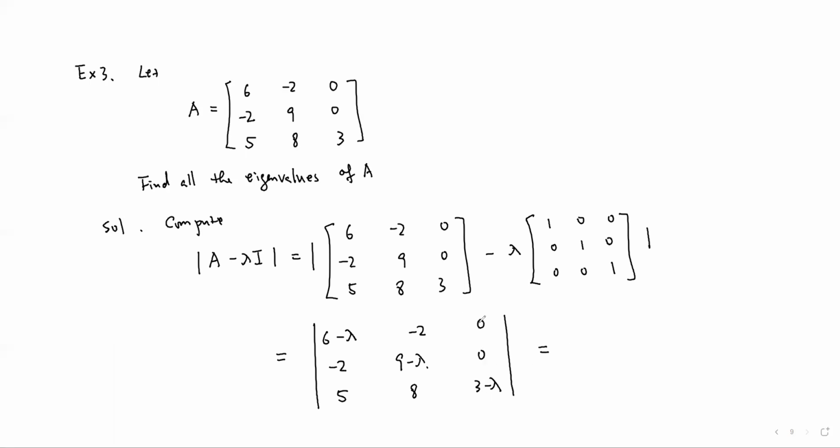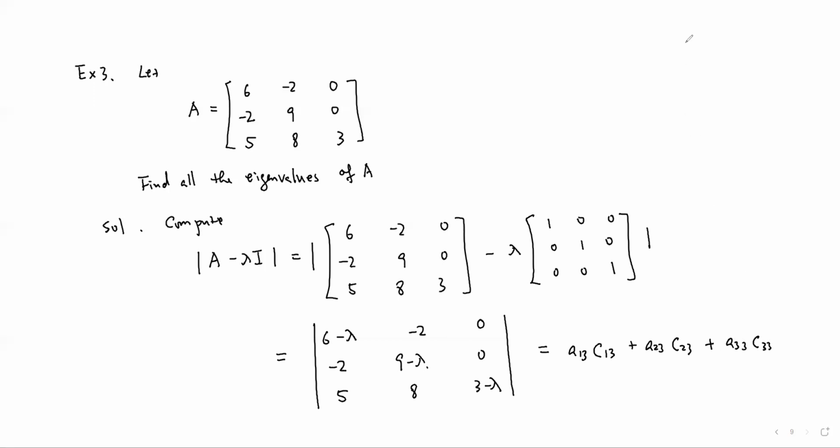So the third column, this entry is A13, A13 times C13 by formula, plus A23 times C23, and then A33 times C33.